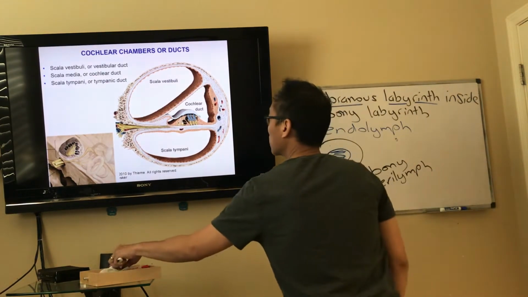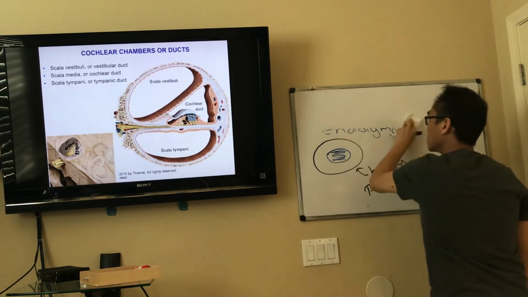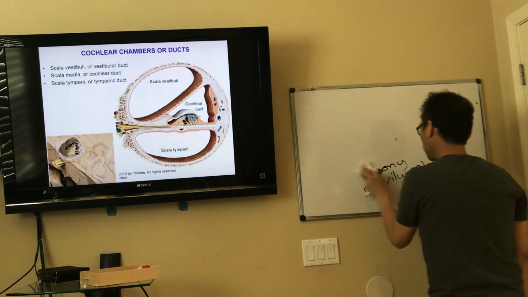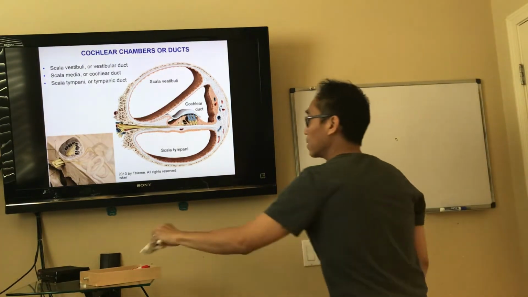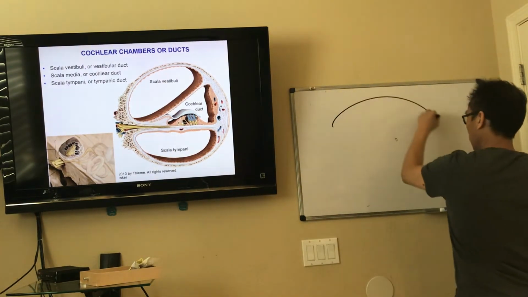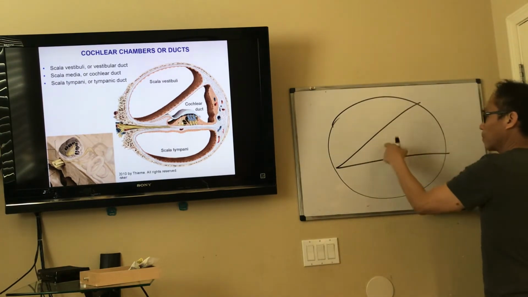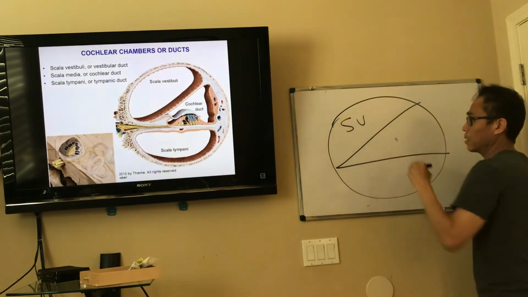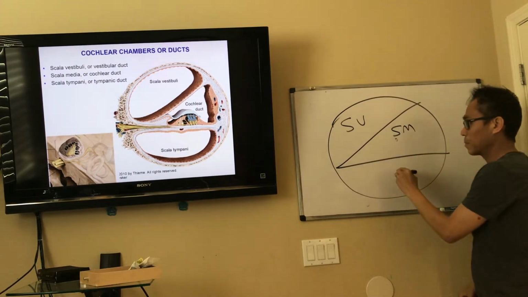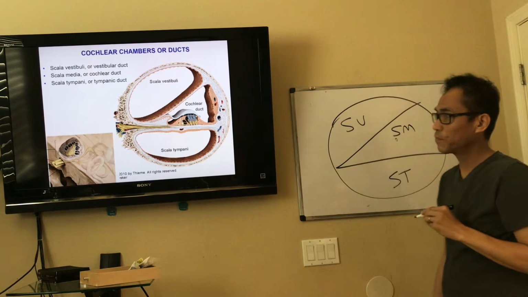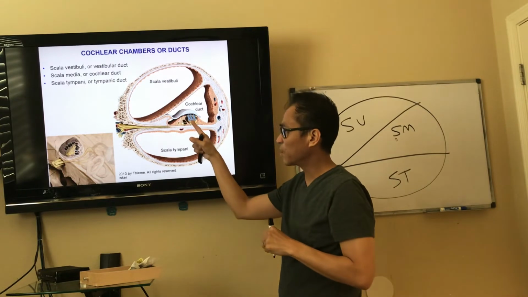So basically what you got there is 3 chambers: scala vestibuli, scala media, scala tympani.